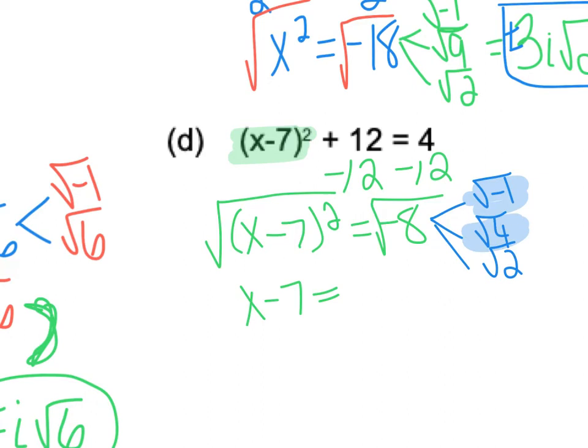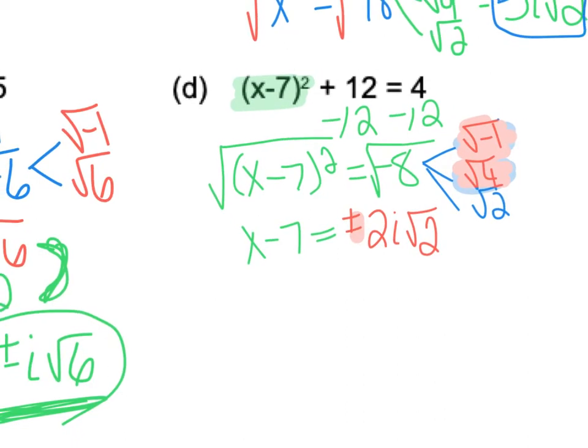So I'm going to have plus or minus 2i times the square root of 2. I'm not done yet because I still need to get that x all by itself, so I'm going to add 7 to both sides.